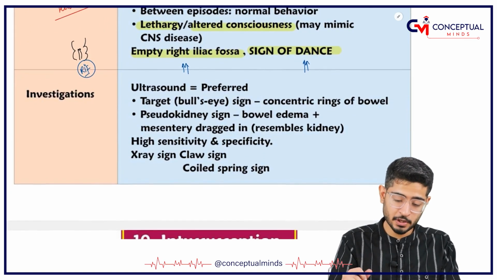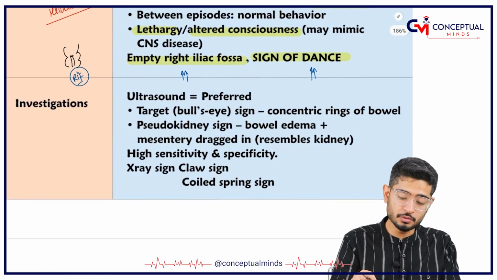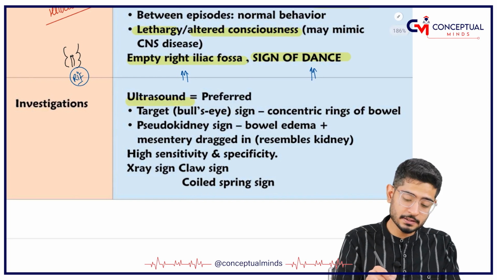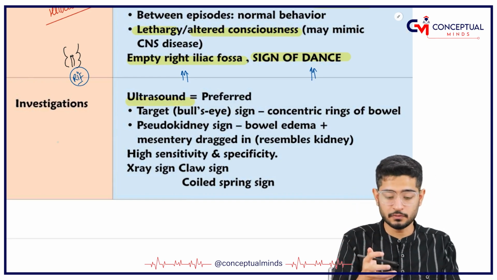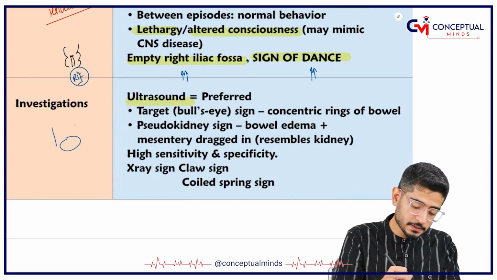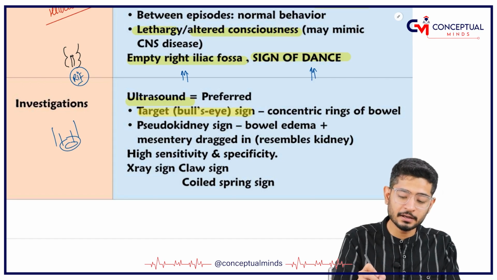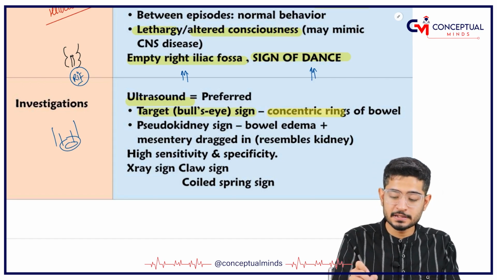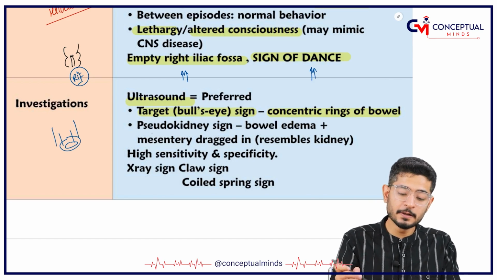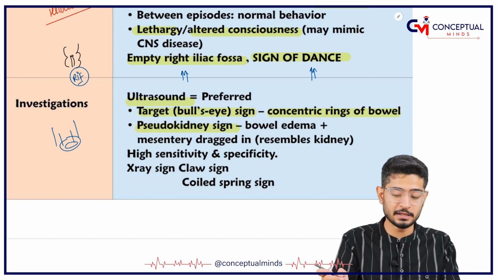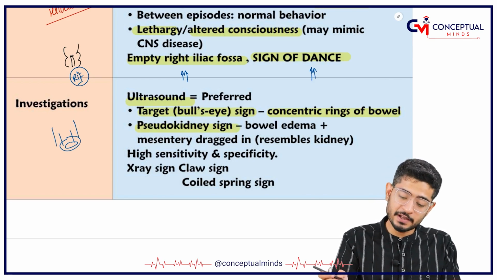So investigation, whenever you do intussusception, you do ultrasound. Ultrasound is going to give you a cut view. So one loop is there, the other loop is inside it. Okay, so this is giving you which kind of feature? This is going to give you a target or a bullseye sign. That means there is a concentric ring of bowel. This is also called the pseudo-kidney sign. Okay, why pseudo-kidney sign?